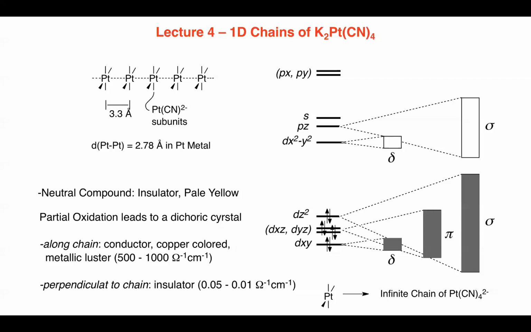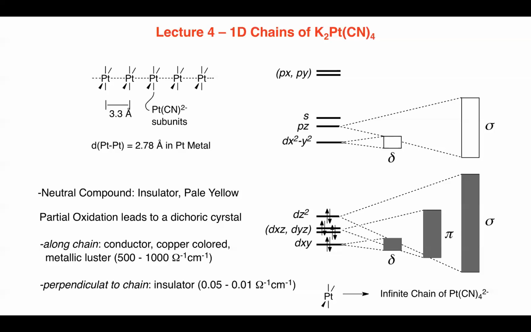And when they oxidize, they develop these really deep, beautiful colors. There's this whole class of compounds called platinum blues that develop very strong optical transitions if you just oxidize them a little bit. So the pure dipotassium tetracyanoplatinate is an insulator. It's a pale yellow, kind of unremarkable thing.